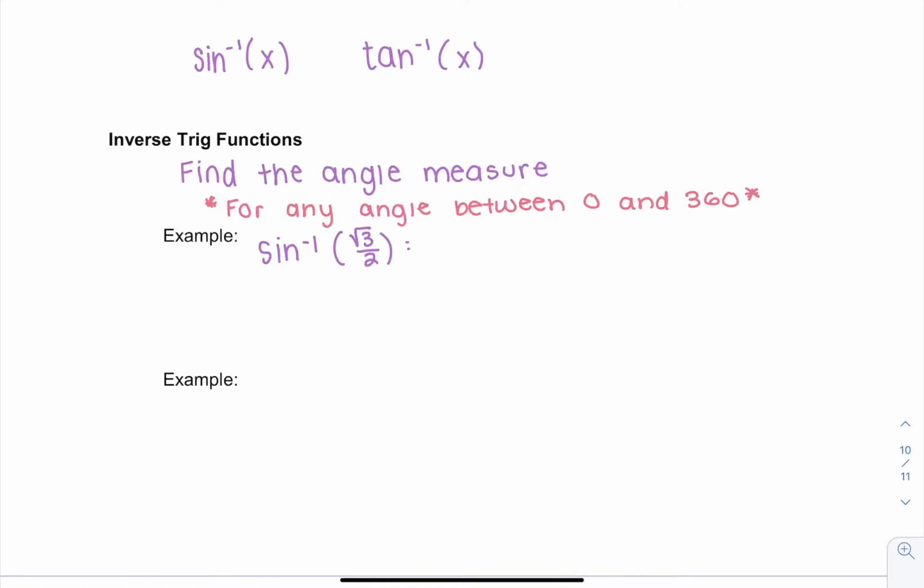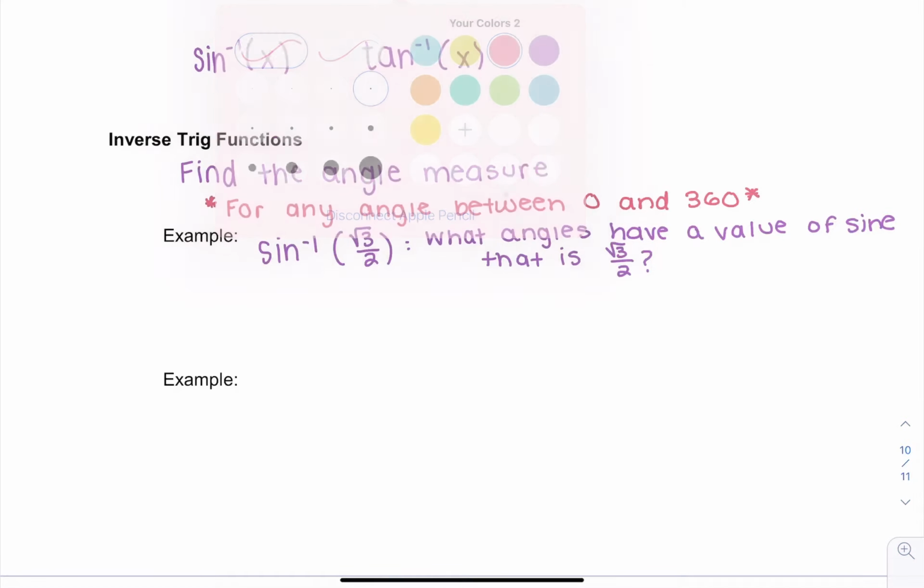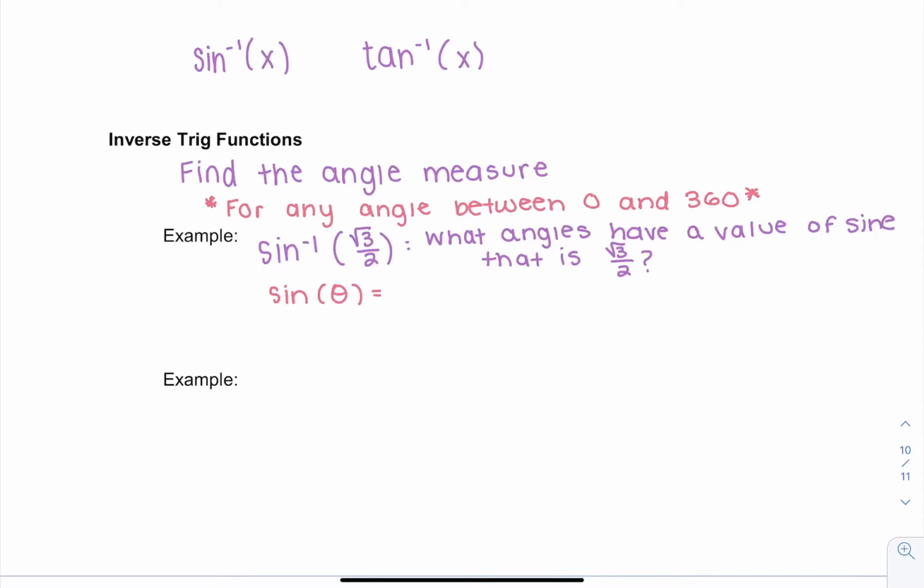What that's asking is what angles have a value of sine that is square root of 3 over 2. So we're asking for a theta where sine of theta gives me square root of 3 over 2. Well, there might be more than one example.